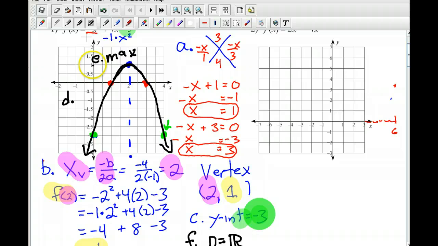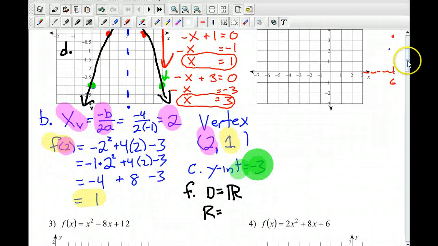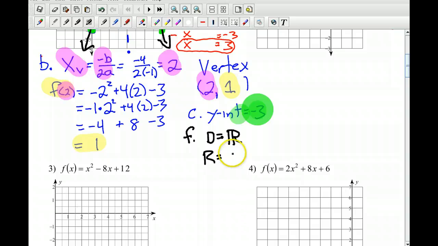So it looks like it starts at 1. There it is. Starts at 1, and then it goes down, right? Y equals 1, and then it goes down. So my range is y is less than or equal to 1.